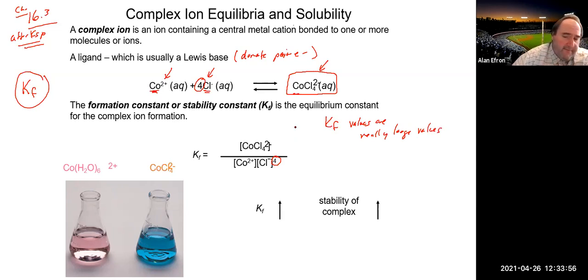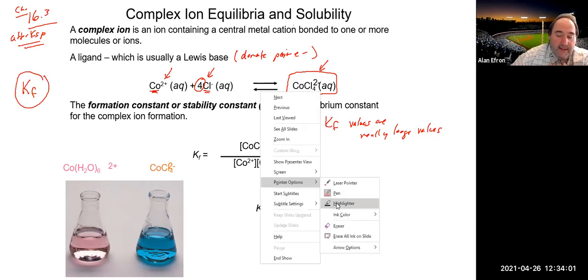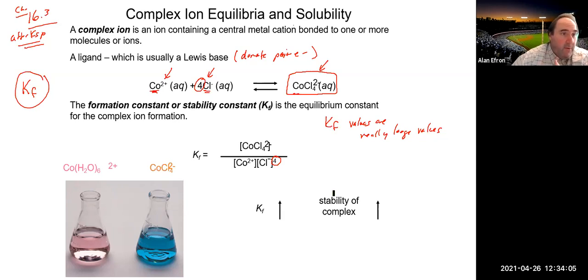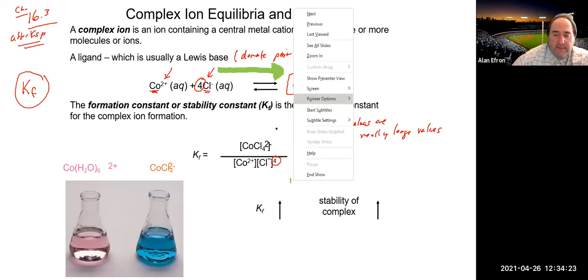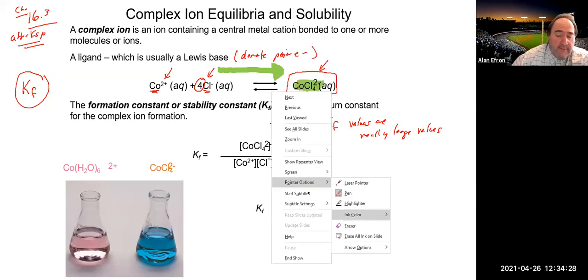Because they're so large, when we get a good ligand near a metal, they definitely want to form the complex ion. It's so large that it's almost a one-way street heading towards the complex ion being formed. We'll see a table a little bit later on, but you will see values that are very, very large.